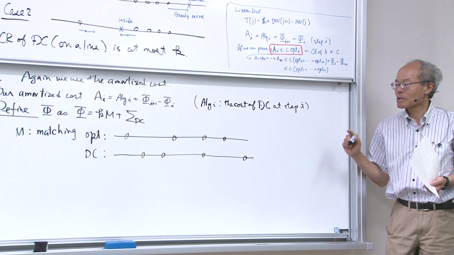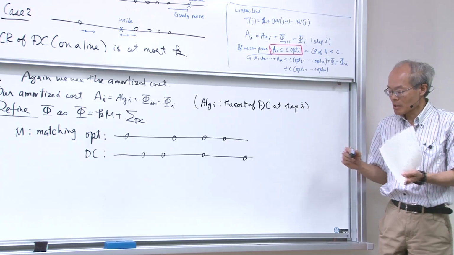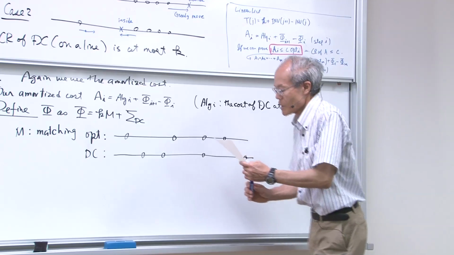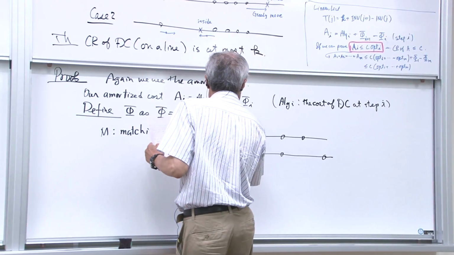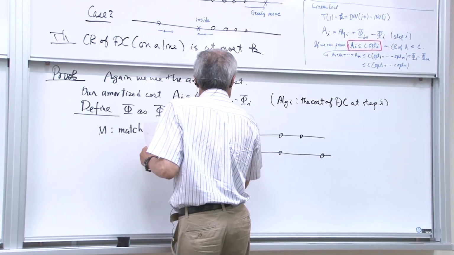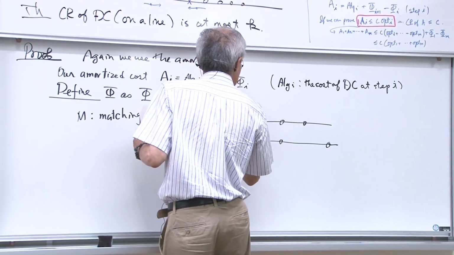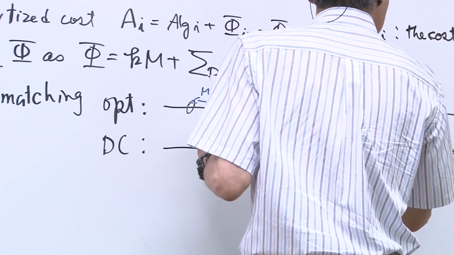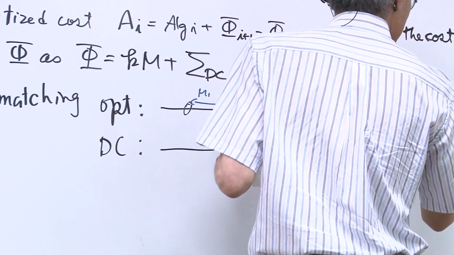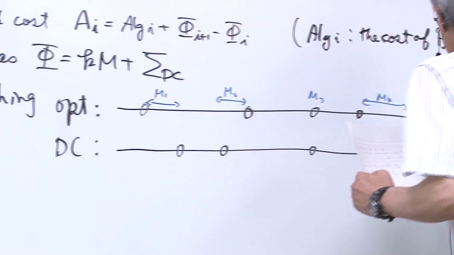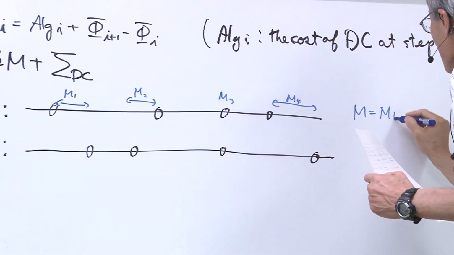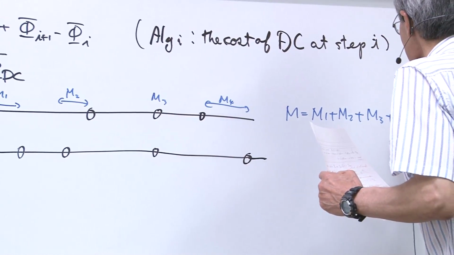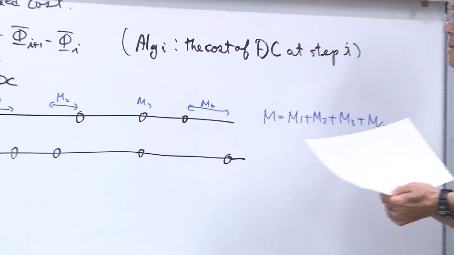But anyway, M is a matching. So here, M is equal to M1 plus M2 plus M3 plus M4. What's the value?